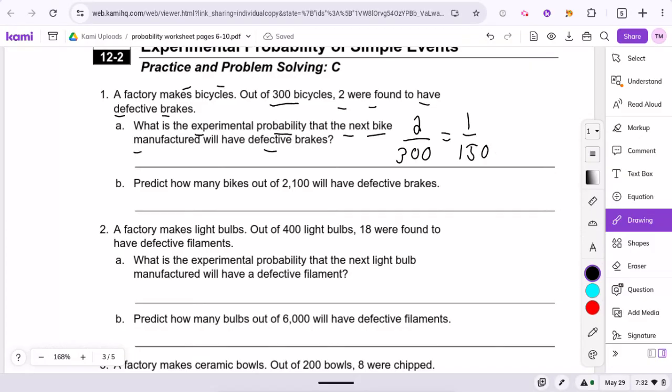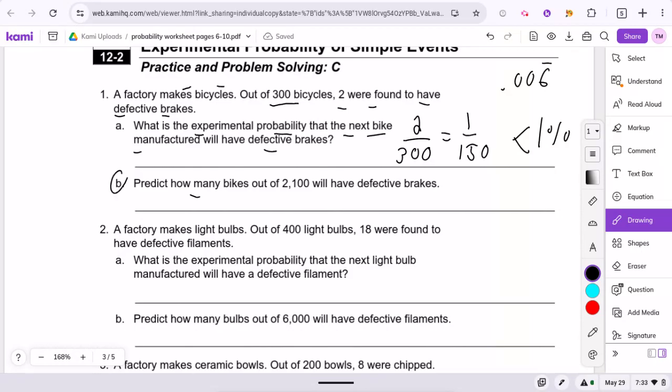And you can even put it also as a decimal or percentage, 1 divided by 150. And you'd get less than 1% chance, because you'd get a decimal of 0.006, repeating decimal, and it'd be a less than 1% chance.